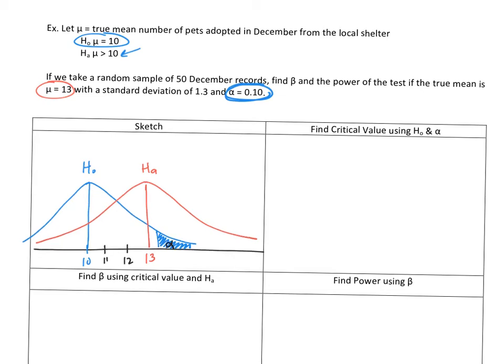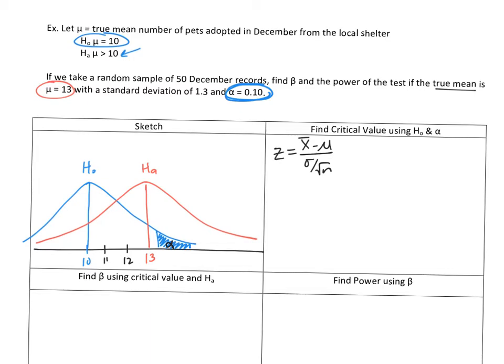Okay, and so I want to find that critical value. So let's do that. Here's my formula. Z equals x bar minus mu over sigma over the root n. This is the true mean with the true standard deviation. So we know sigma, we're using Z.